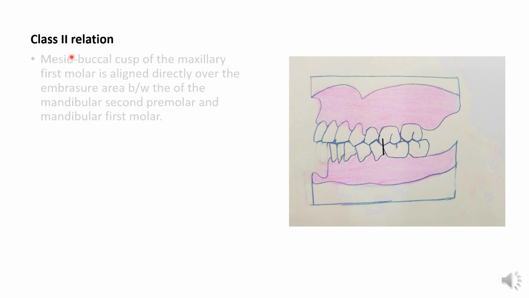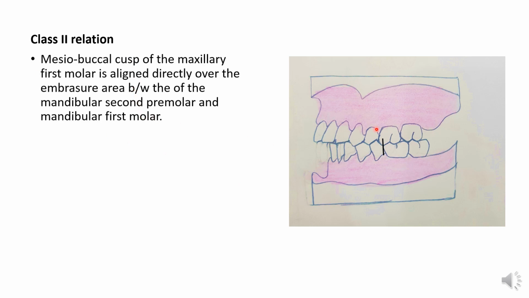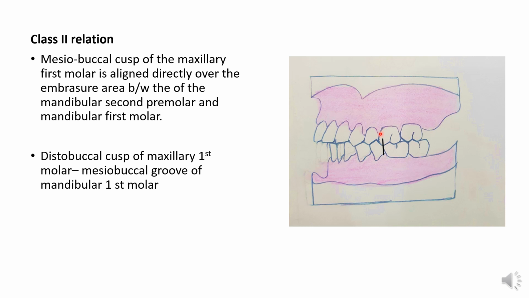Next we have the class 2 relation. Now in class 2 relation, again look at my laser cursor, you can see that the mesiobuccal cusp of the maxillary first molar is aligned directly over the embrasure area between the mandibular second premolar and the mandibular first molar.